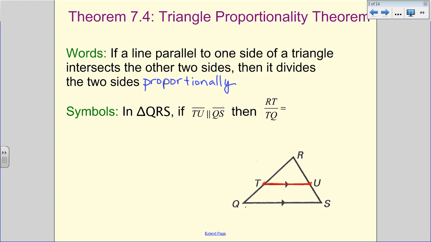So what that means is that if TU is parallel to QS, which we saw, then the ratio RT to TQ is going to equal the ratio RU to US. So it takes top to bottom, those segments, okay? We're not talking about the entire sides anymore. Now we're just looking at the two segments that are created.